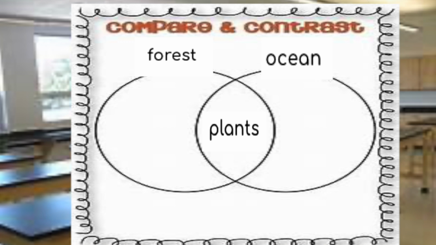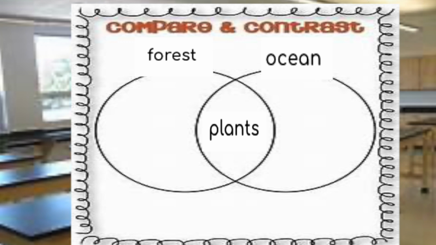Are you ready to do it with me? Say the word plants. Now, let's say the sounds while we write the letters. How did you do on your spelling? Were you able to break apart all of the sounds in the word?